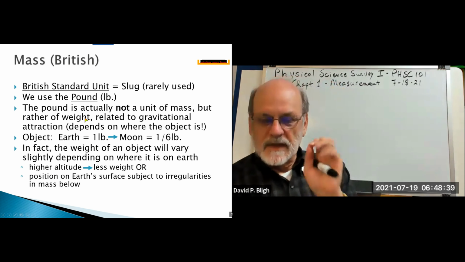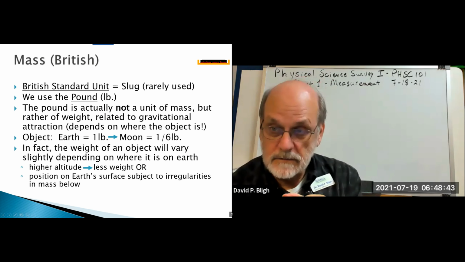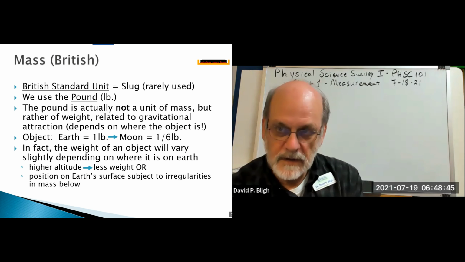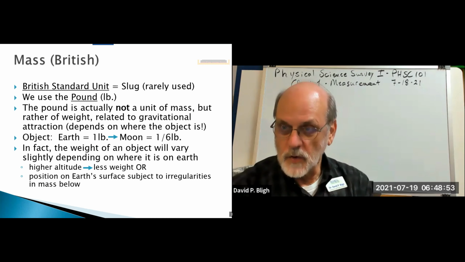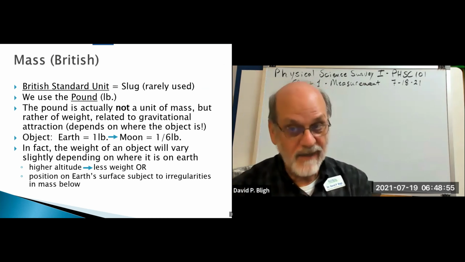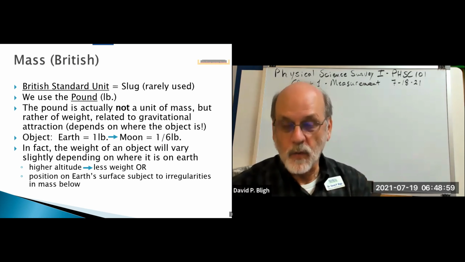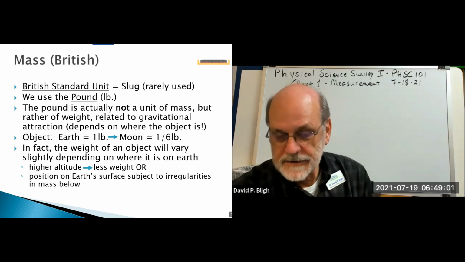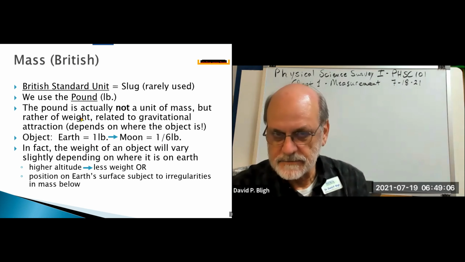So if you have something that you think weighs a pound on the surface of the Earth, then you take it to the moon, it's going to actually exert a force on the surface of the moon 1/6 of what it did on the Earth. So if it can change like that, then it's not mass, right? Because mass doesn't change no matter where it is in the universe. Mass is a measure of quantity of substance.